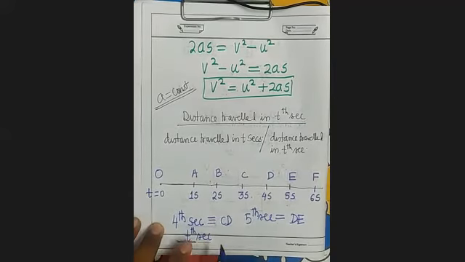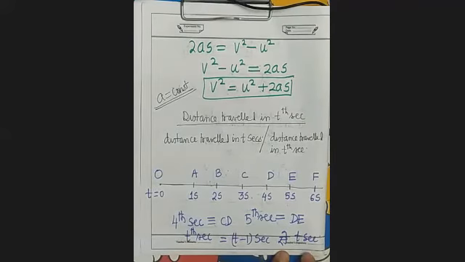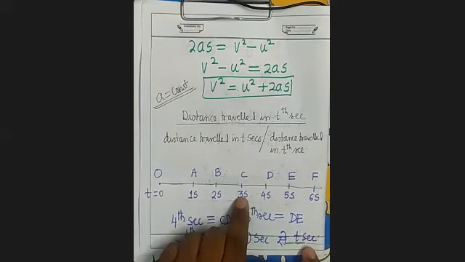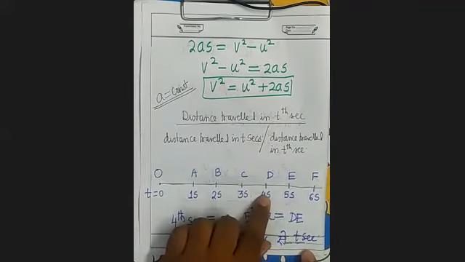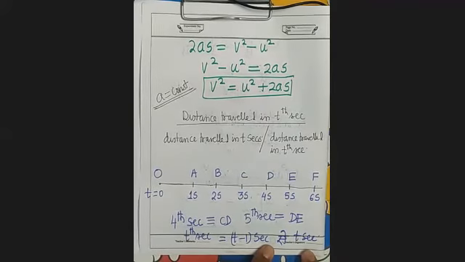The distance traveled between t minus 1 second and t second, that is the distance traveled in the th second. Because you have seen here, in the 4th second, the distance traveled from 3 seconds to 4 seconds. In the 5th second, the distance traveled from 4 seconds to 5 seconds. So in the th second, it will be from t minus 1 second to t second.